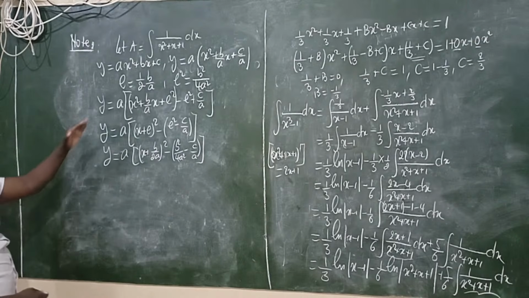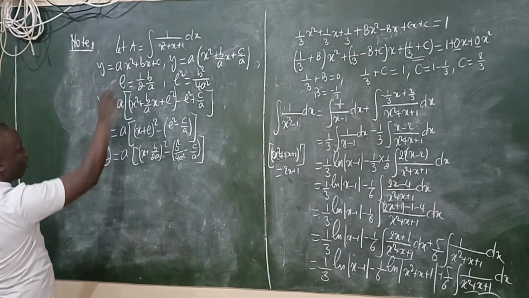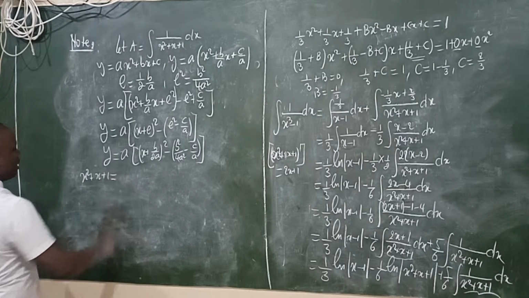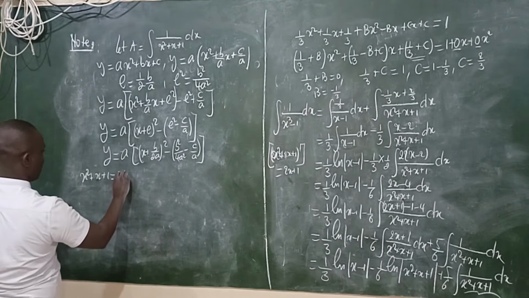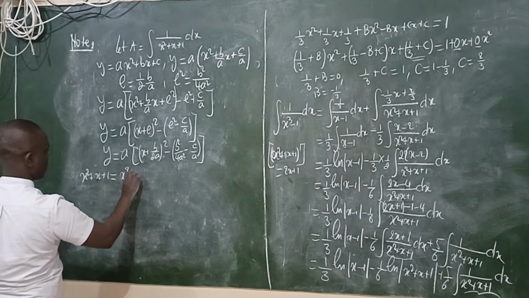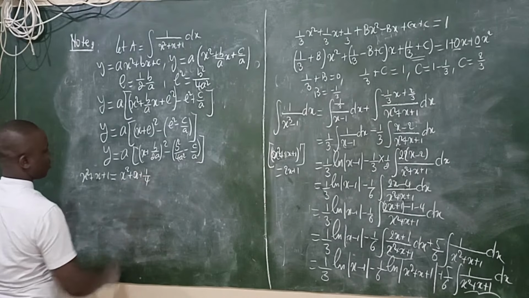Now for our integral, let's continue by completing the squares. Here we have x squared plus x plus 1. Because the coefficient of x is 1, e will be a half. Here is x squared plus x plus the square of a half.